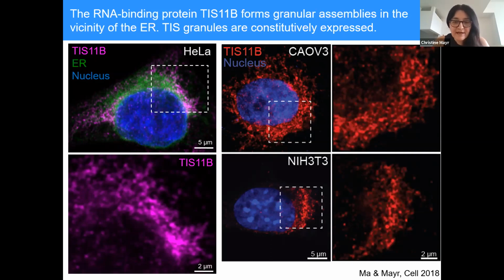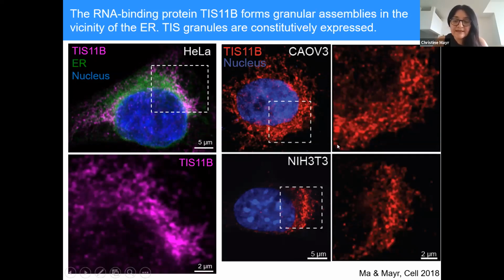Then, of course, we looked at other cell lines, and in every cell line that we have looked at so far, we see these granular assemblies. Also, mRNA levels of Tis11B are widely expressed. We haven't found a cell type that does not express Tis11B.